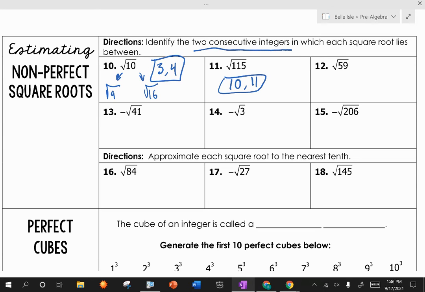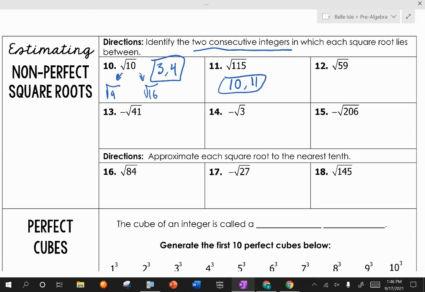Okay, so let's look at number 12. Now the easy way to do this is just punch it in the calculator. But if we're looking at it, what are two perfect squares that are close to 59? 64, 49. 64 and 49. Right?